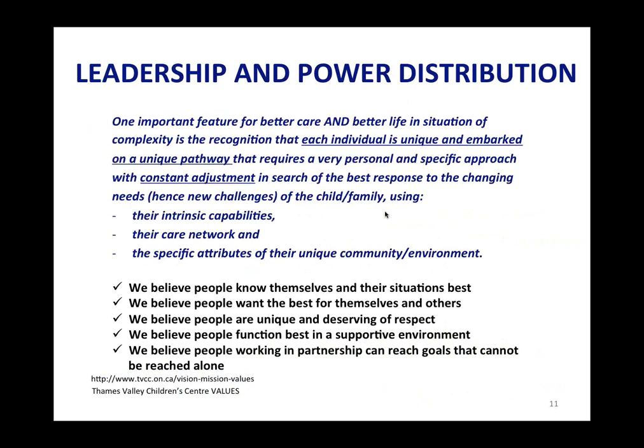And it is by the use of intrinsic capacity that can be reinforced, the care network that could be also reinforced and supported by good communication, and the specific attributes of their unique community environment.